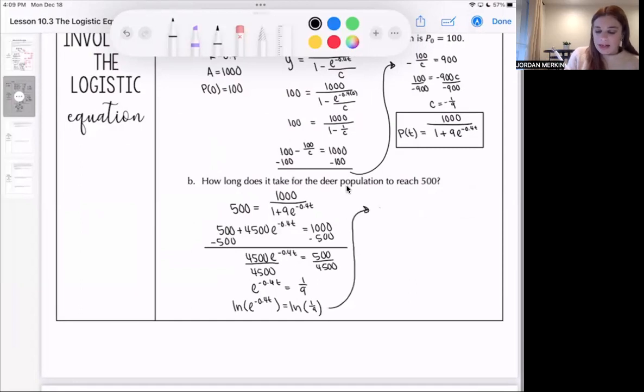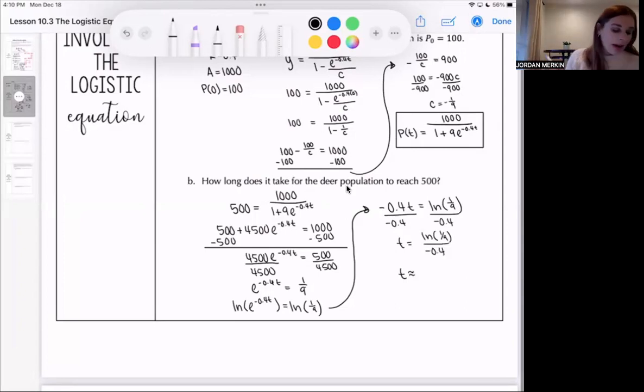We end up with negative 0.4t equals natural log of 1/9. Divide by negative 0.4. Notice I'm not rounding yet. T equals natural log of 1/9 divided by negative 0.4. And now I'm going to go ahead and punch that in my calculator and round, and we get approximately 5.493.